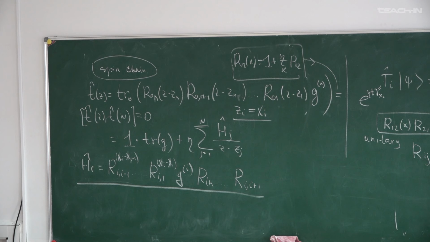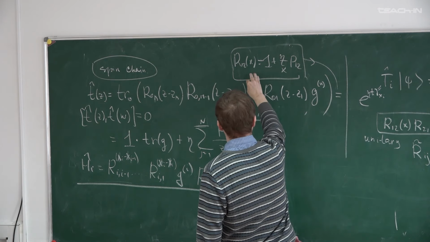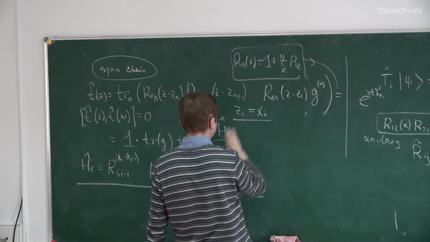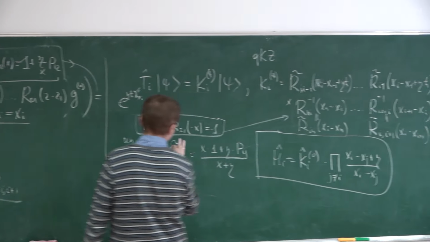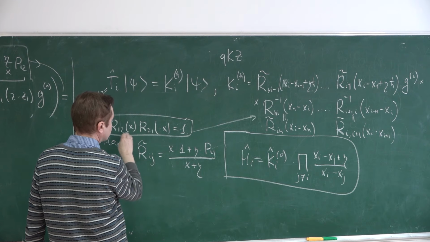The difference between the two formulas is that we use not the same R matrix as in the spin chain. In the spin chain, we use an R matrix which has a simple pole at 0. And when writing this Knizhnik-Zamolodchikov equation, we use the R matrix with tilde, which satisfies this unitarity condition.